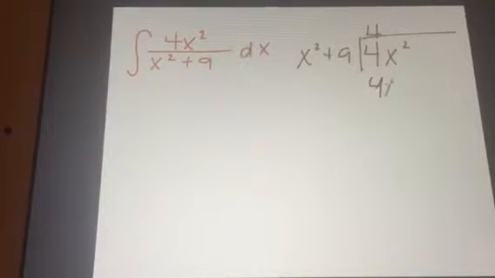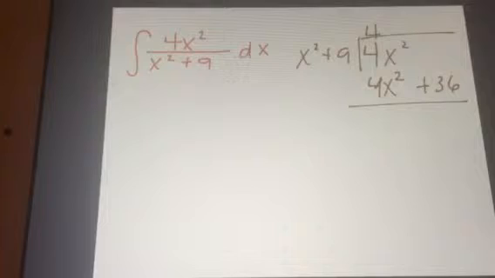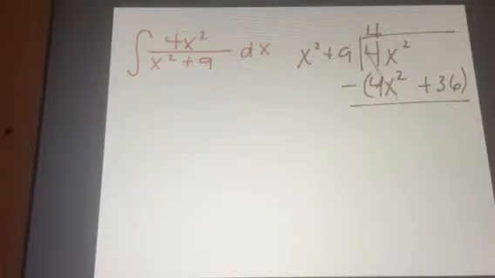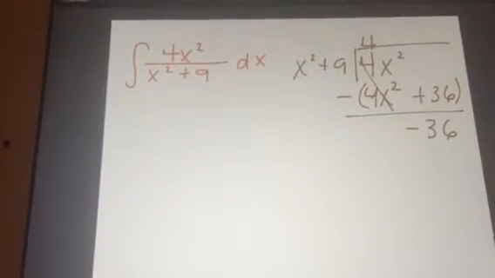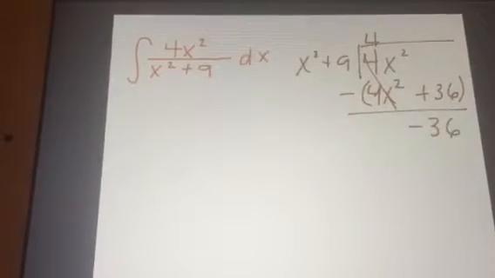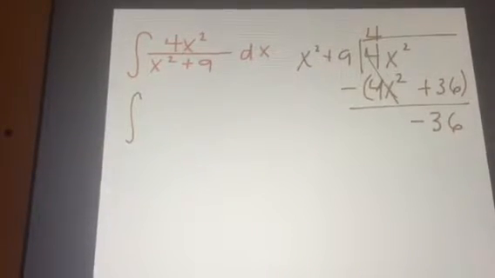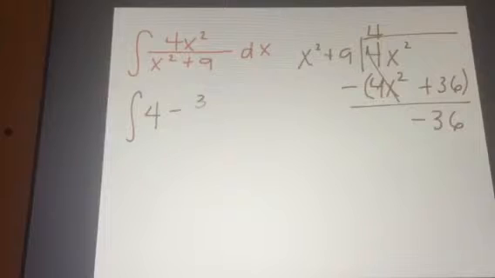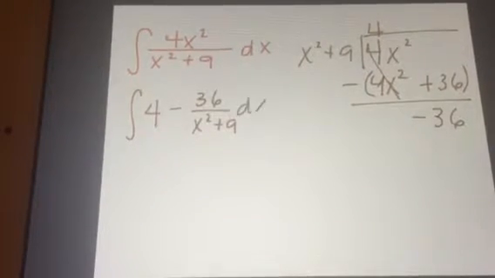That'll give us the 4x squared plus 36, but we're going to subtract this, so these cancel and we're left with a negative 36. We can't do anything else, so that's a remainder. So we rewrite this to be the integral of 4 minus 36 over x squared plus 9 dx.